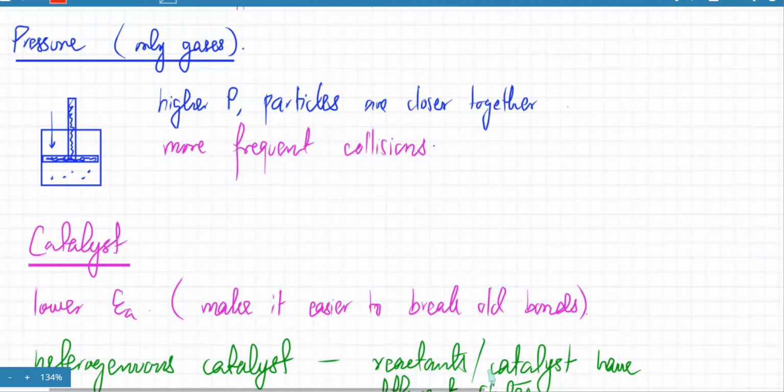Sir, for Kc and Kp values, Kp is for gases only, right? Kp is for gases only, and Kc is for concentration. When you use the term concentration, you use it for aqueous solutions, and you also use it for gases as well.